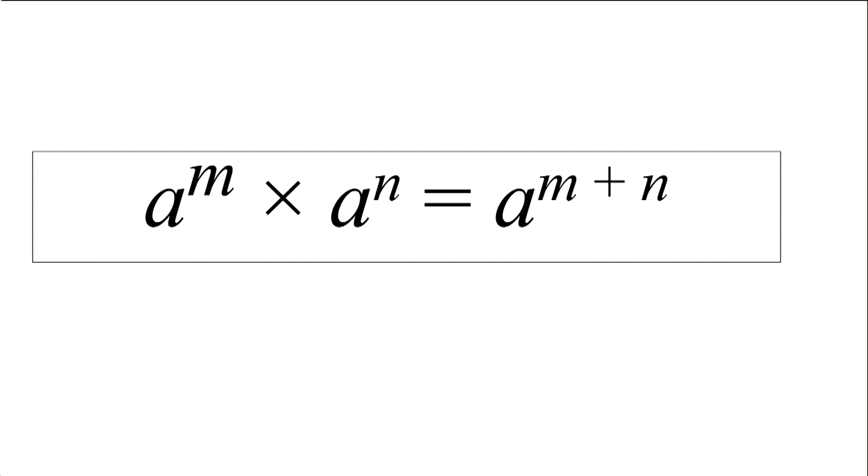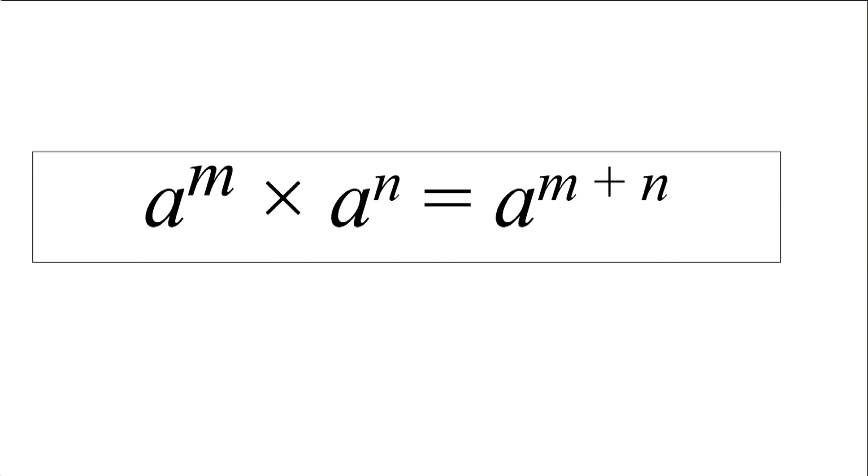From the above examples, what we can conclude is that the product of two exponents with the same base and different powers is equal to a to the power of m plus n.